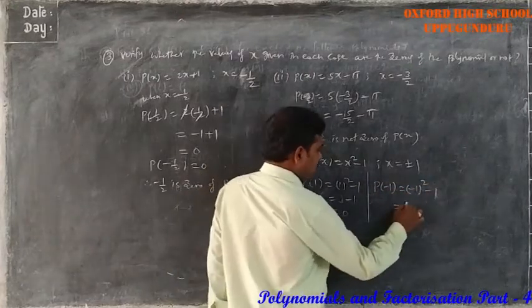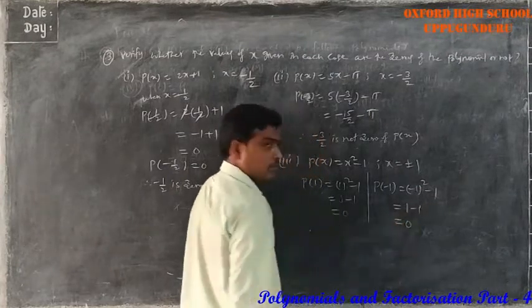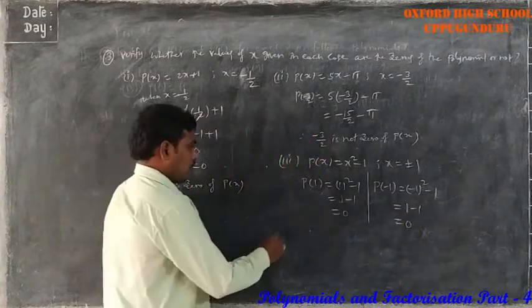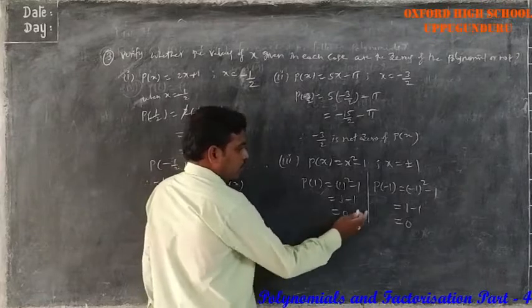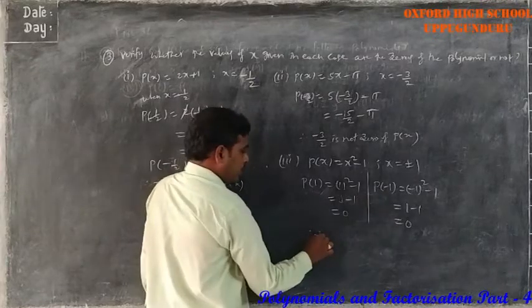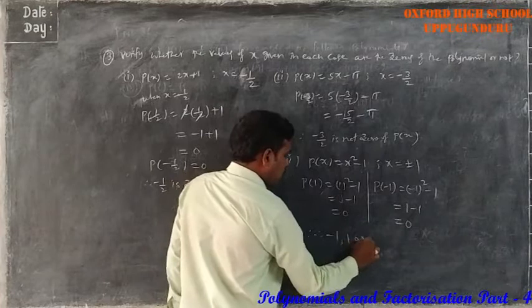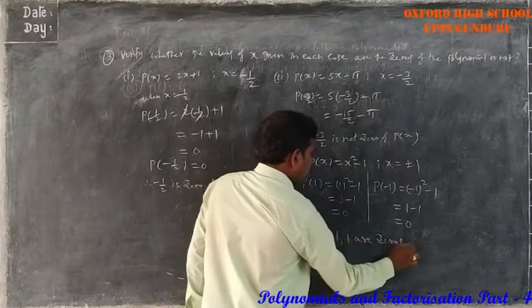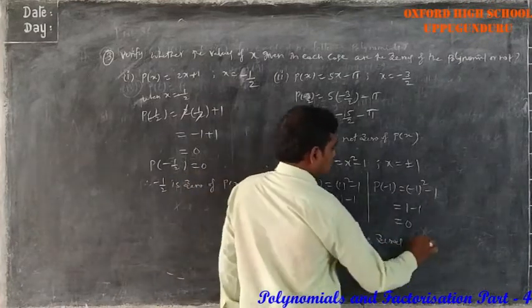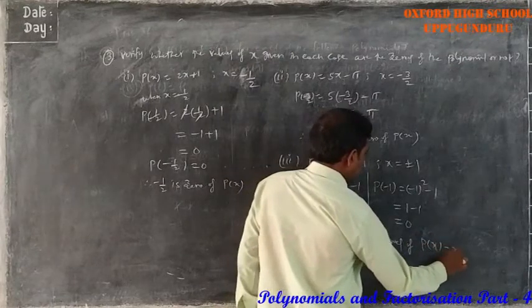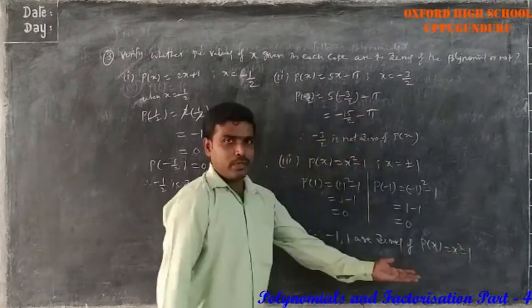Minus 1 whole square is 1, 1 minus 1, 0. So, P of 1 value is 0, P of minus 1 also 0. Therefore, you can write minus 1 comma 1 are zeros of P of x equal to x square minus 1.